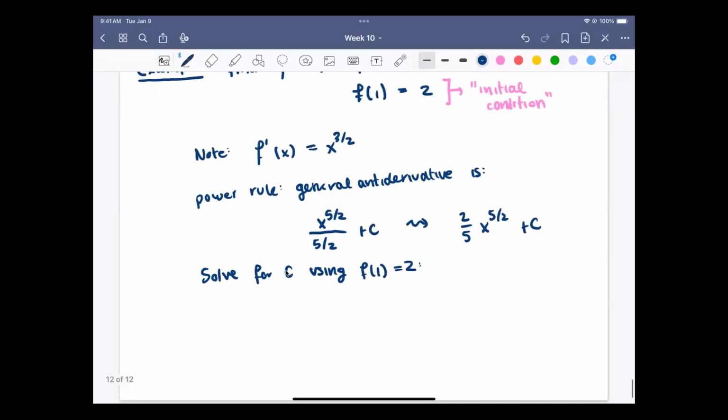So we know that 2 has to be equal to 2/5 times 1 to the 5/2 plus c. So 2 is equal to 2/5 plus c. So that means that c is equal to, so 2 is actually 10/5, and then we're subtracting 2/5, so we get 8/5.